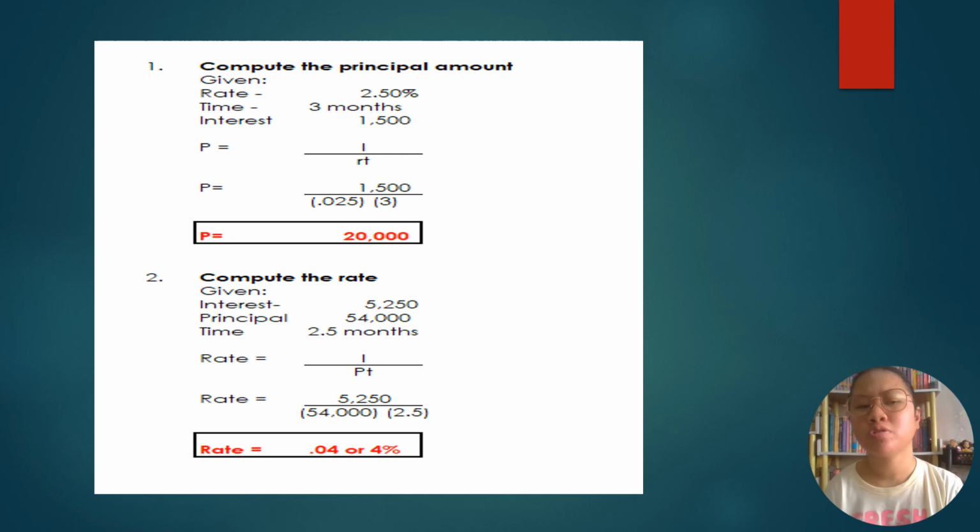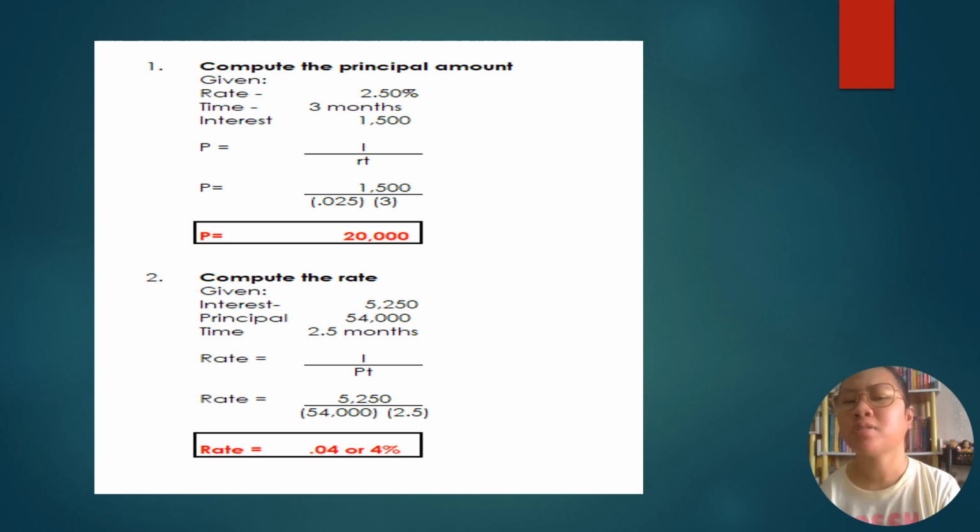Now let me show you some illustrations in solving the principal, rate, time, and interest. For problem number 1, let us compute the principal using the formula principal equals interest over rate times time. The given information are rate, which is 2.5%, time is 3 months, and the interest is 1,500 pesos.